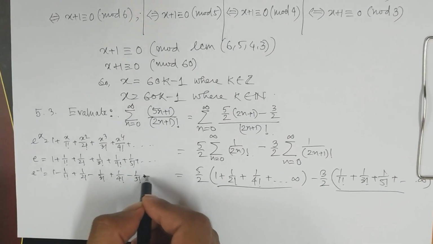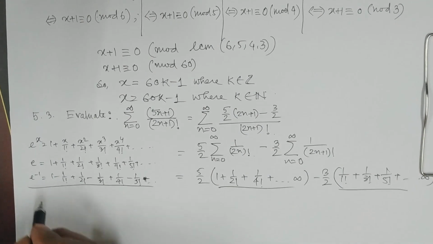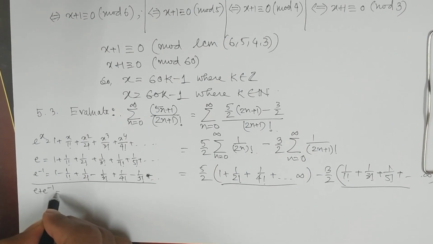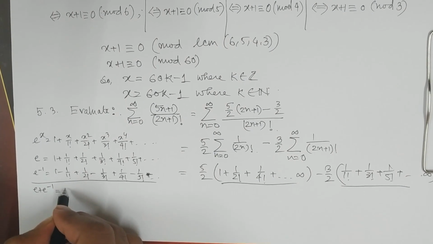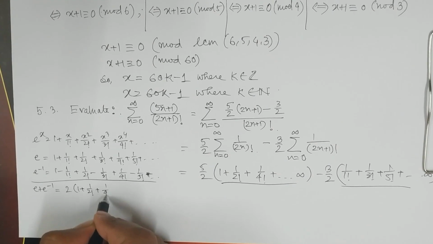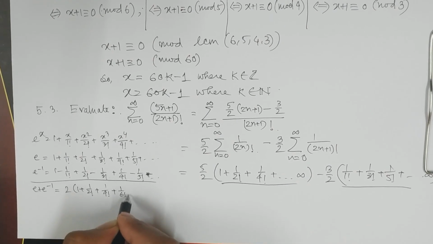So if we add these two, what we get is e plus e inverse, basically twice of 1 plus 1 by 2 factorial plus 1 by 4 factorial plus 1 by 6 factorial and so on.